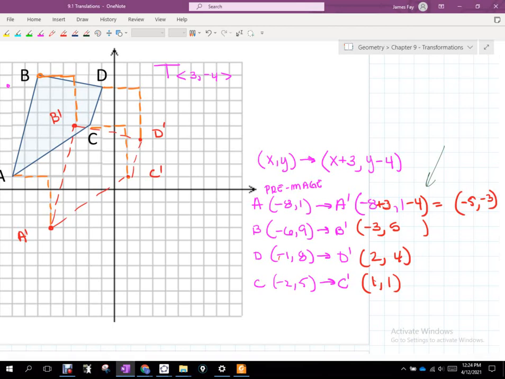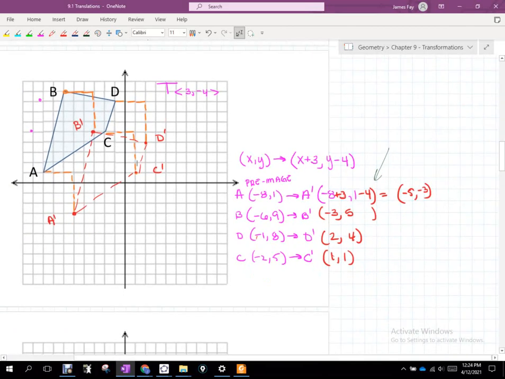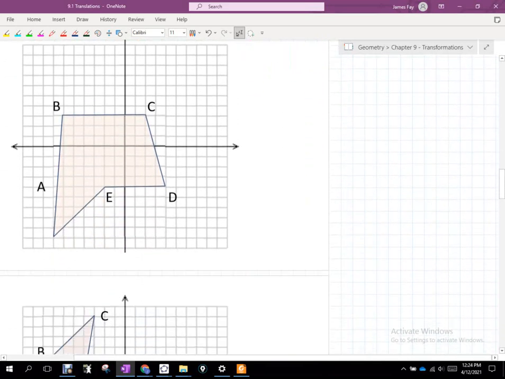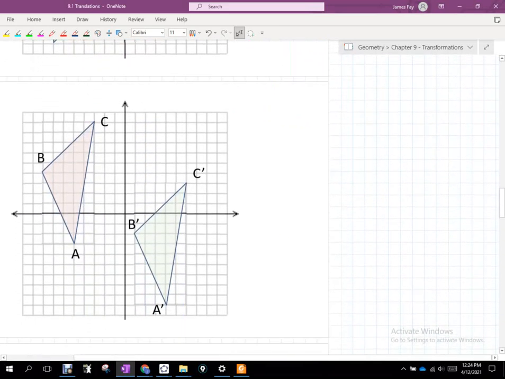Okay. But we can shift left and right, up and down simply by adding or subtracting from the x values and from the y values. Is that something we could do? They like to reverse roles. Say, okay, we just did a transformation.